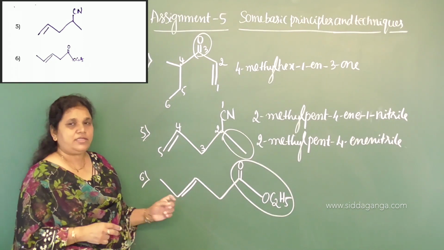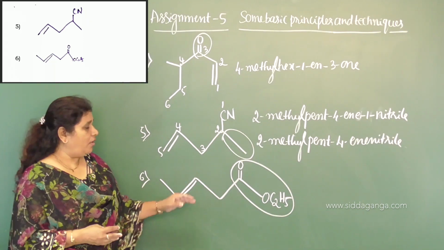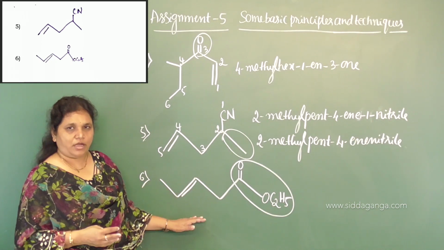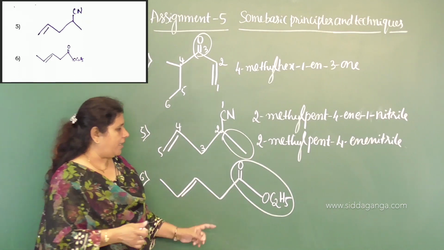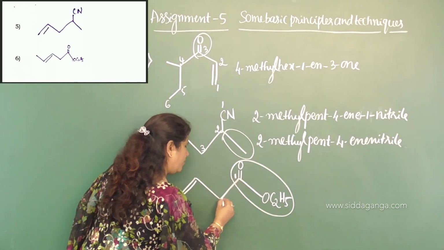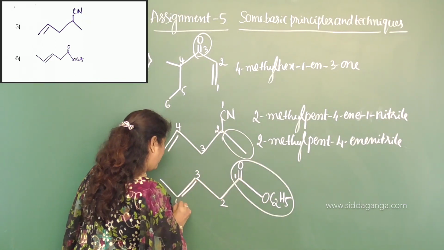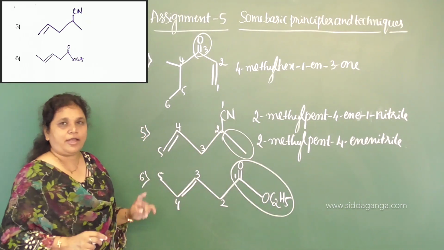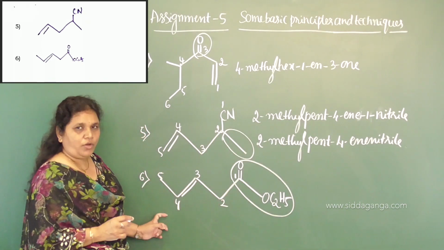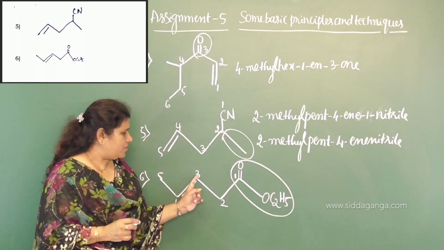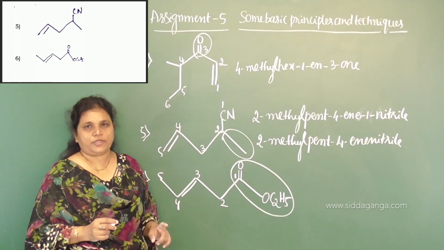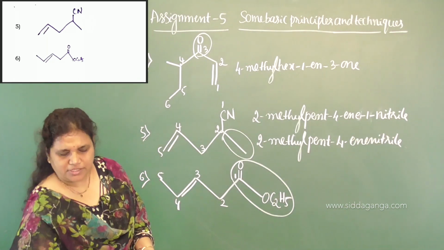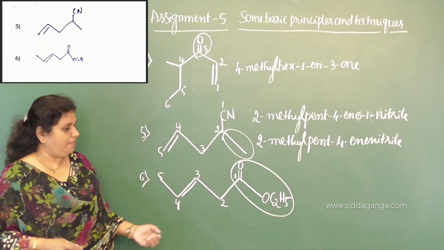In alkanoate, if any substituents are there, we need to give that substituent also. So alkyl alkanoate, the alkanoate containing 1, 2, 3, 4, 5 carbon atoms, and there is a double bond between the third and the fourth carbon. Then how to name this?